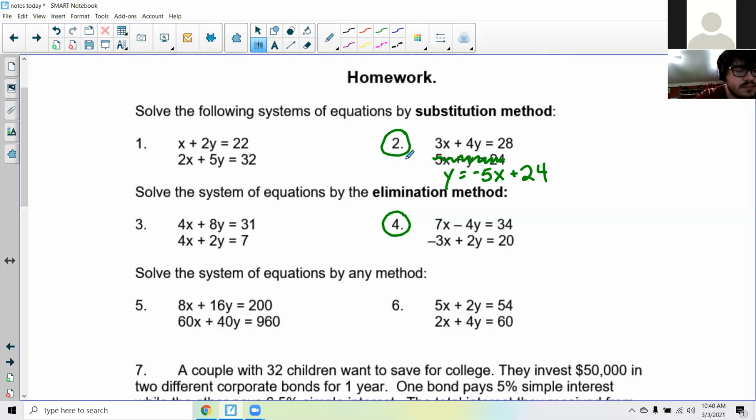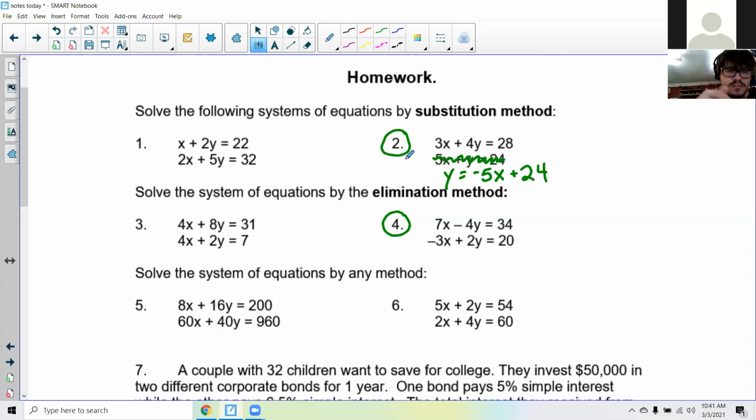Now, number 2, you get something pretty. And number 4, you'll get big numbers, but they're semi-pretty numbers.